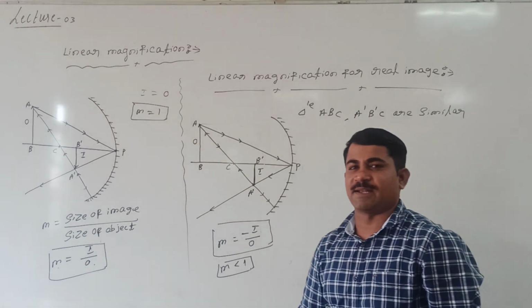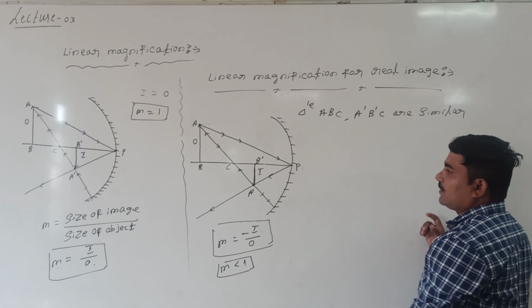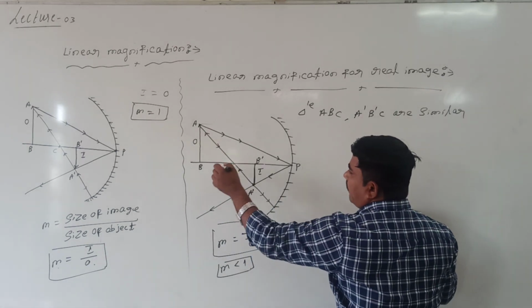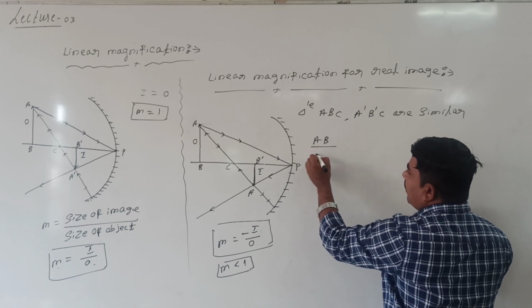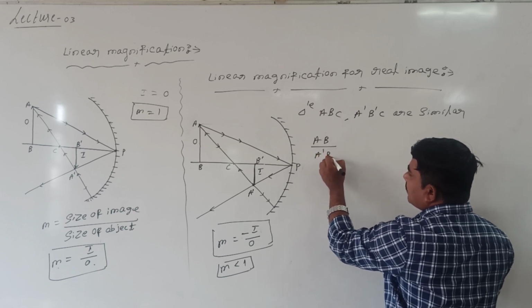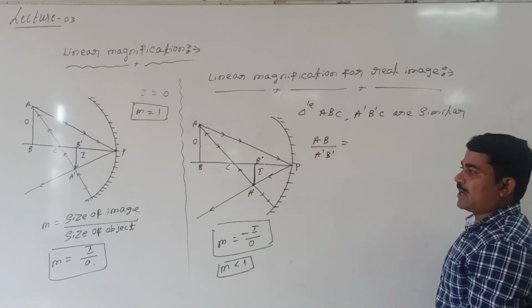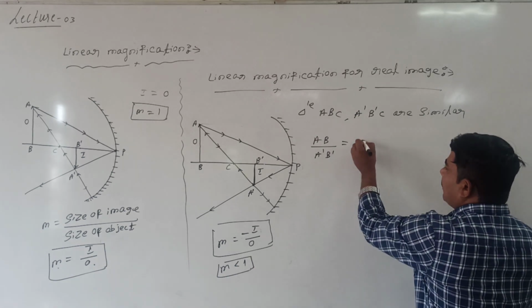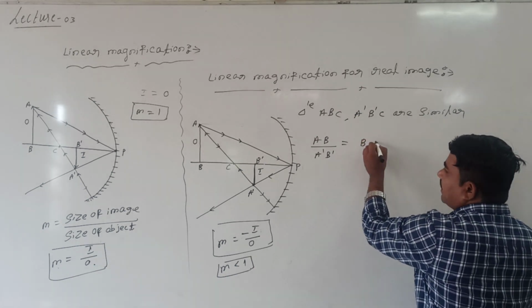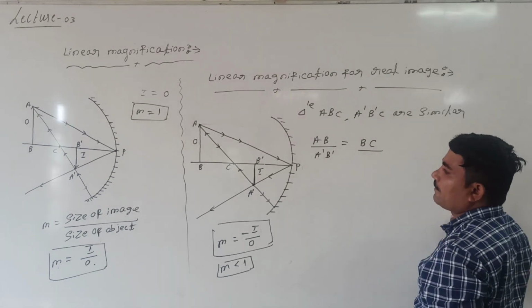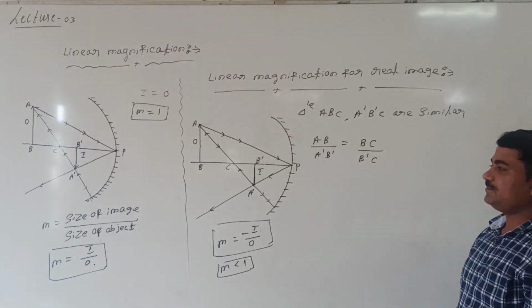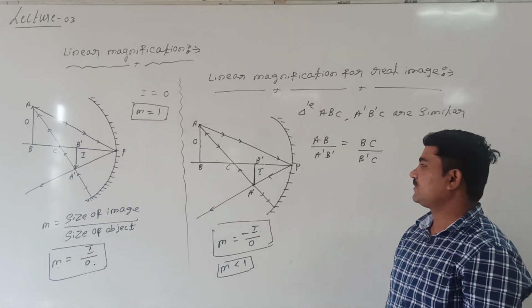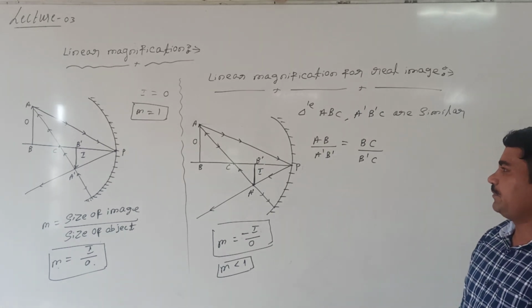Then from similar triangles, the ratio of height to base is equal. The ratio of height is AB divided by A dash B dash, and the base is BC divided by B dash C.